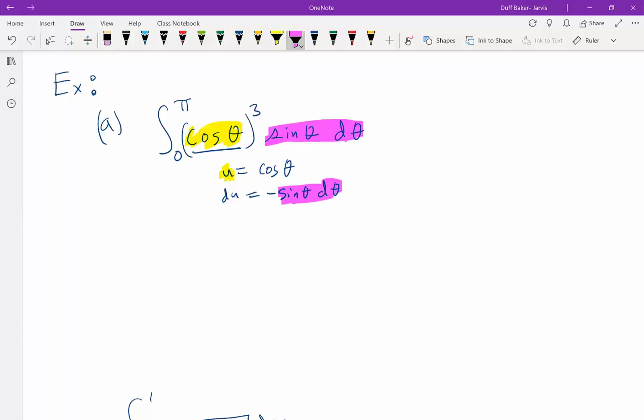So there's this extra negative. To fix it, what we should do is solve for the part we have. You could think of this as dividing by -1, or an easier way to write it is just minus du. And so the sine theta d theta will get replaced with minus du.